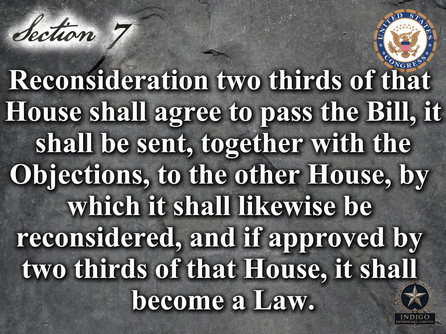If after such reconsiderations 2/3 of the House shall agree to pass the bill, it shall be sent together with the objections to the other House, by which it shall likewise be reconsidered, and if approved by 2/3 of that House, it shall become a law.